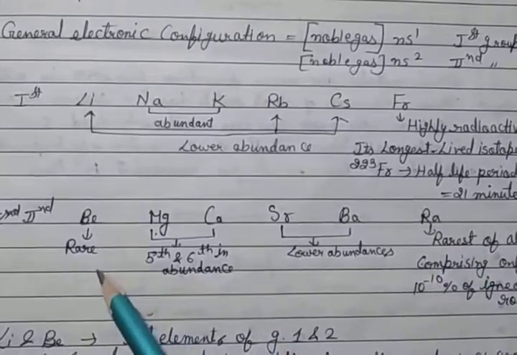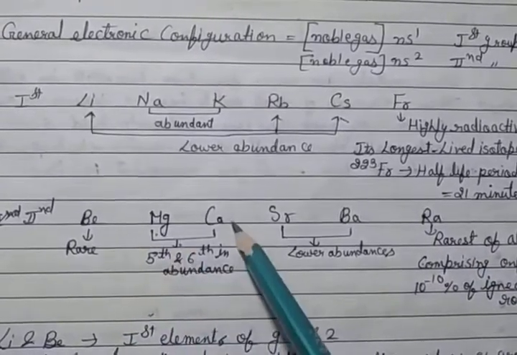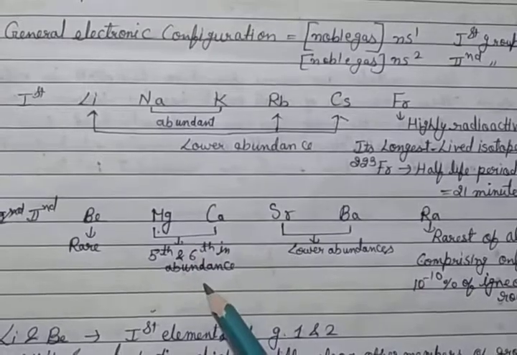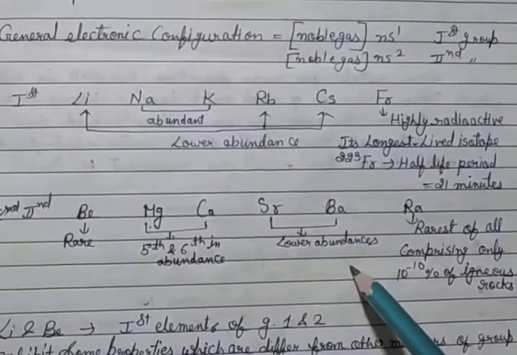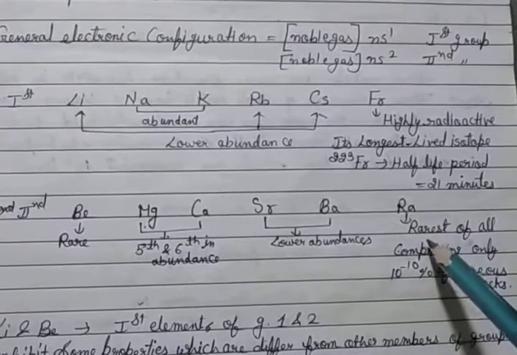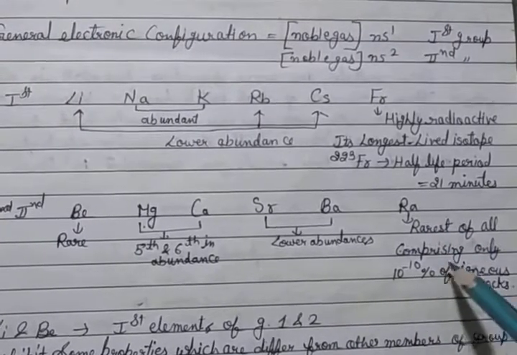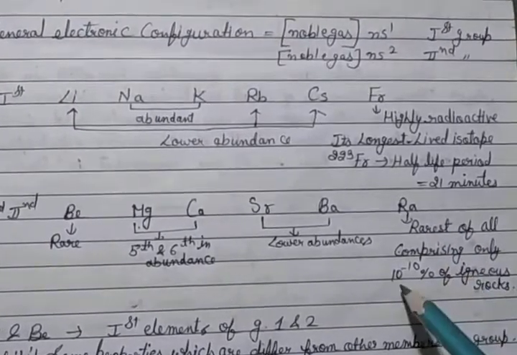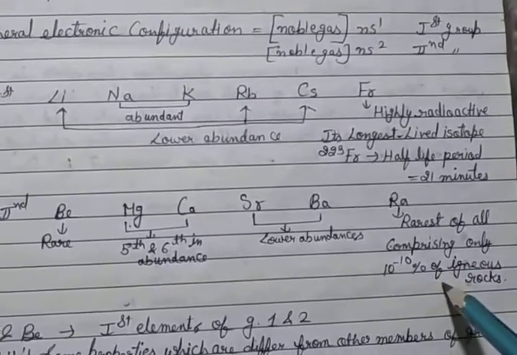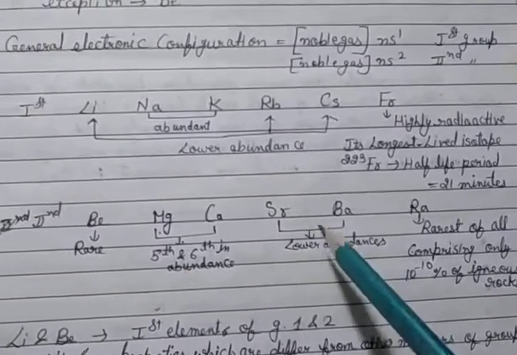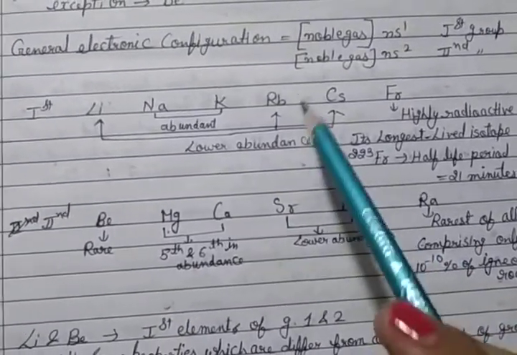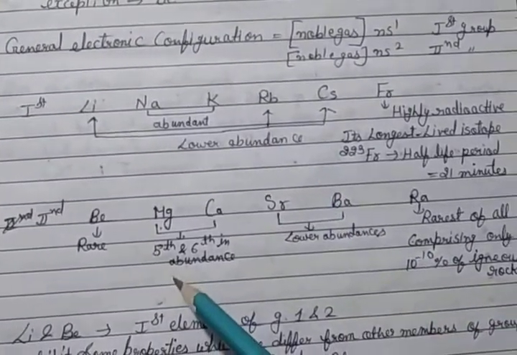Beryllium is rare, magnesium and calcium are 5th and 6th in abundance, strontium and barium have lower abundances, and radium is the rarest of all, comprising only 10⁻¹⁰% of igneous rock. So these are the occurrences of the first and second groups.